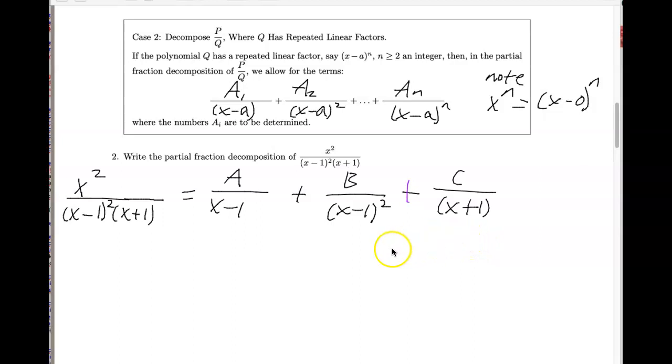All right, and again, we're going to make all the denominators the same. In this case, we can multiply this by another x minus 1 on the top and bottom. And it also needs x plus 1. The middle term is missing the factor x plus 1.